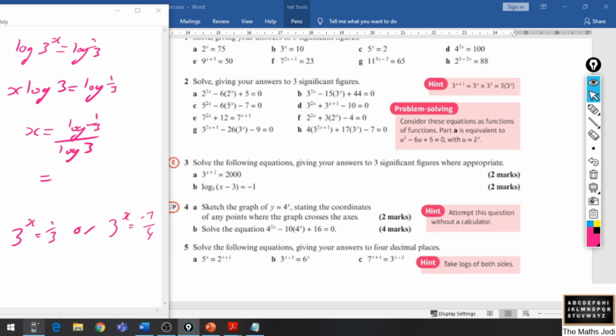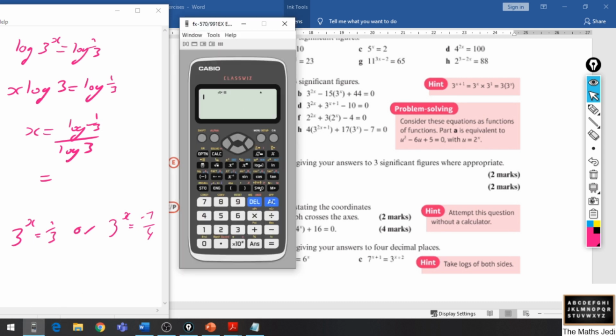Bring the calculator up. Use the calculator buttons. Log, and then a third. Minus 1.